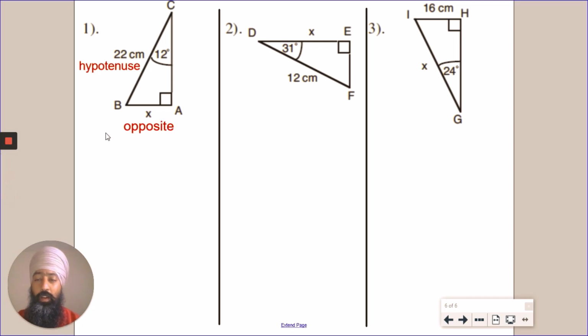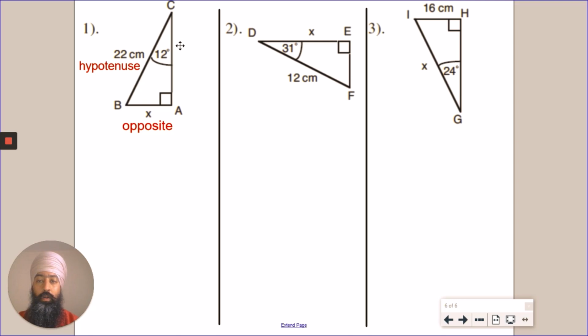Right, okay, so if I label the triangle, you can see the hypotenuse is always opposite the right angle, and that is used in the question, that's 22 centimeters. The opposite, which is opposite the angle given in the question, is what I'm going to work out, which is x. The adjacent in this question is blank.